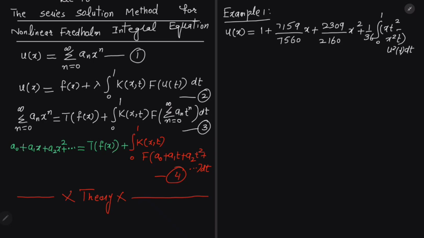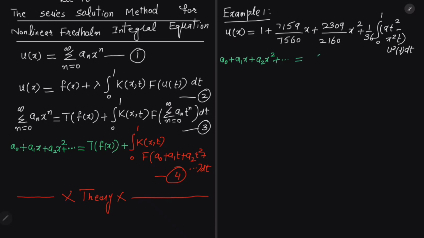So we put the equation 1, which is the series form of u of x, on the left hand side. We get a0 plus a1 x plus a2 x square.